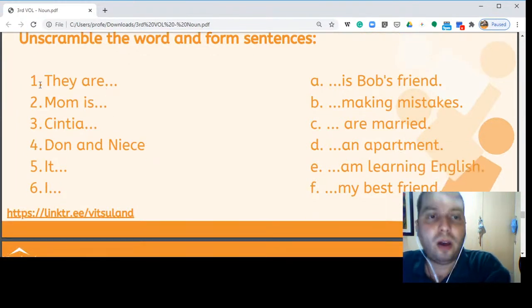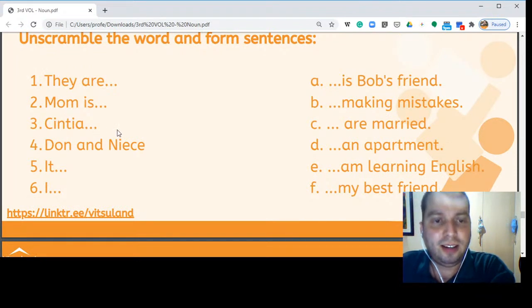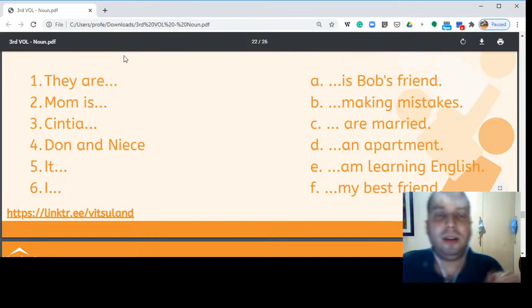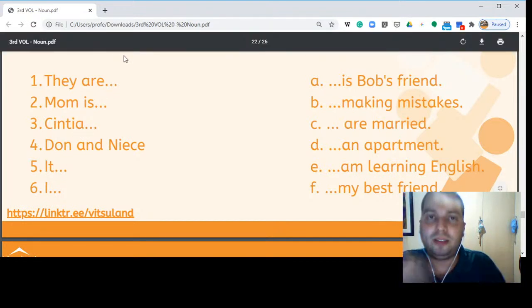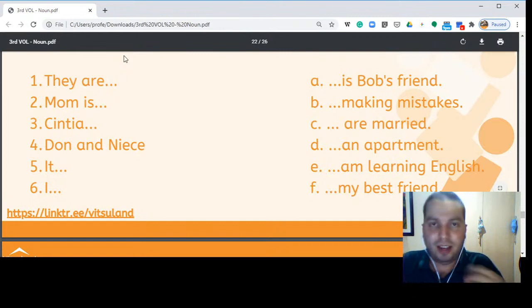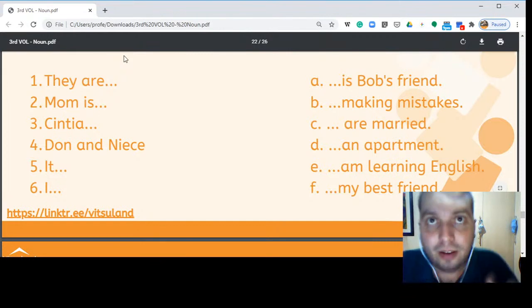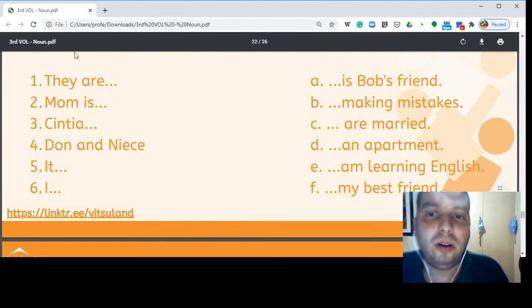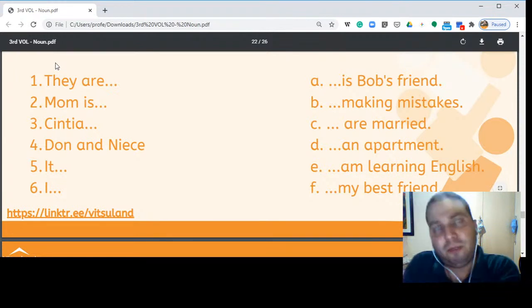So they are, mom is, Cynthia, Donna niece, it, I. In this case, we are talking about basic English. We are still in the basics, the elementary part of English. So you're going to observe the conjugation and the ending of the sentences, if it matches.